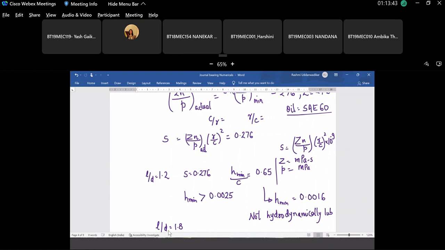L by D 1.8. What is your question, Ayush? H minimum by C greater than what? Yeah, we have to make sure that this is running hydrodynamically.